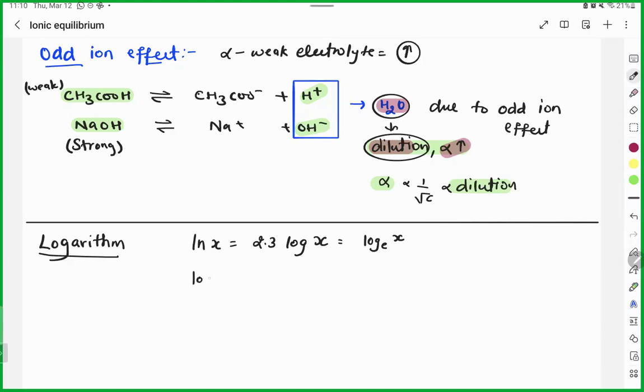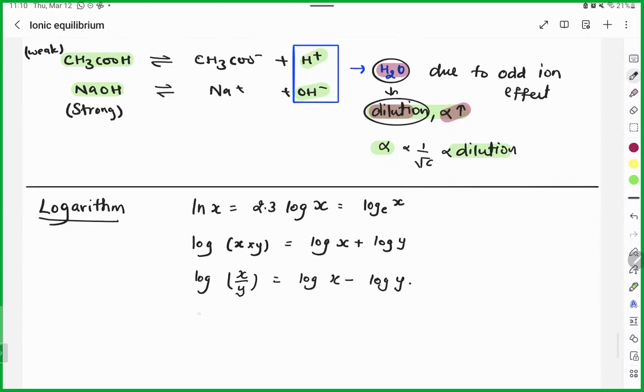Second, if you take log of x into y, as we did in the last topic, it will be equal to log x plus log y. And if you take x by y, then it will be log x minus log y.